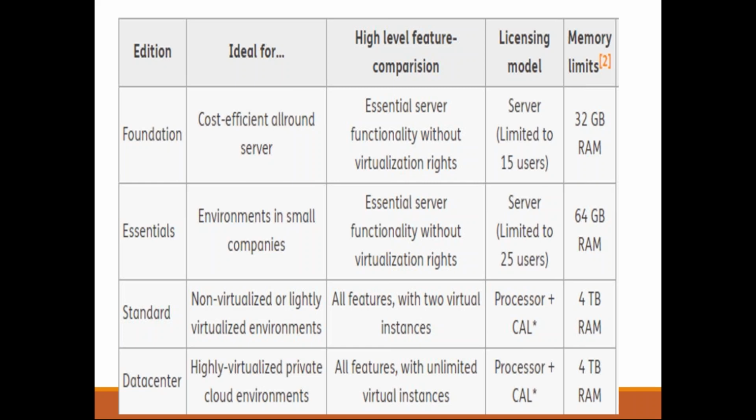And for memory, you can have 4 TB RAM for this. So of course you need RAM in TBs, 1 TB, 2 TB, 4 TB, because it is a data center server.